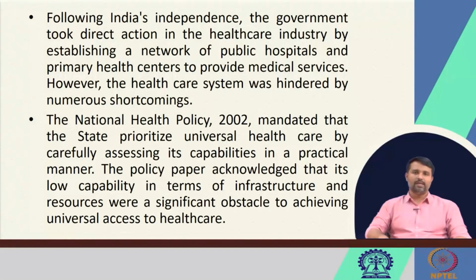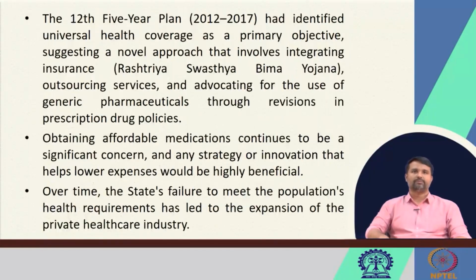The National Health Policy introduced in 2002 mandated that the states prioritize universal health care by carefully assessing its capabilities in a practical manner. The policy paper acknowledged that its low capability in terms of infrastructure and resources were a significant obstacle in achieving universal access to health care.